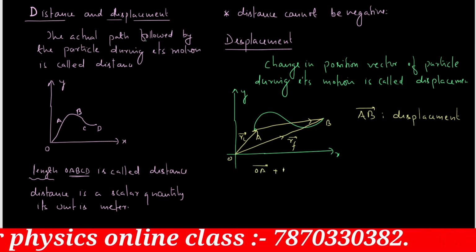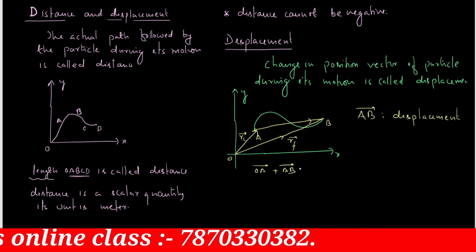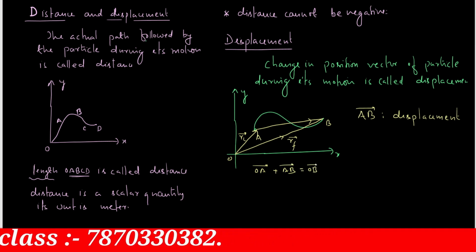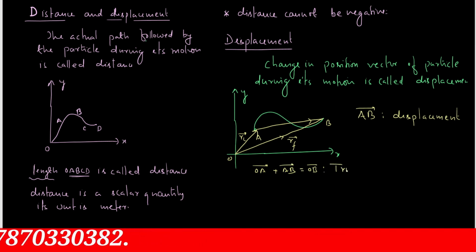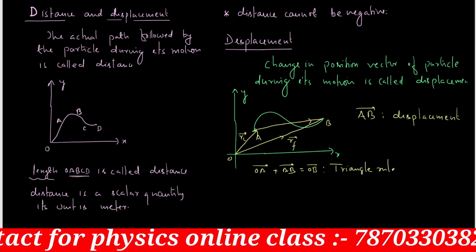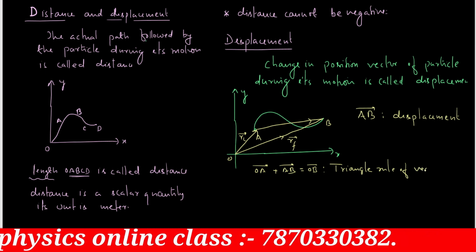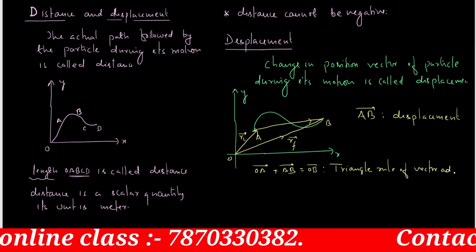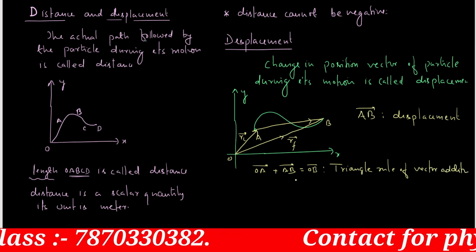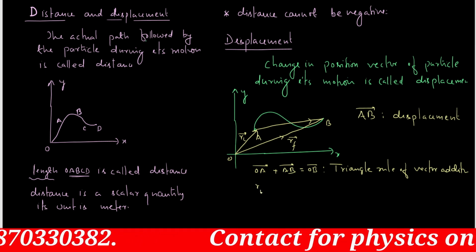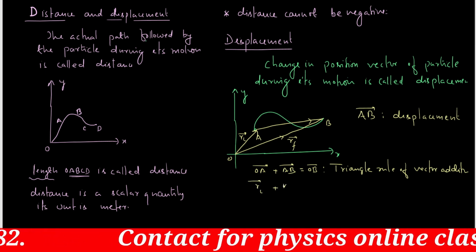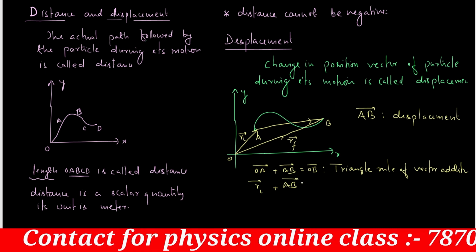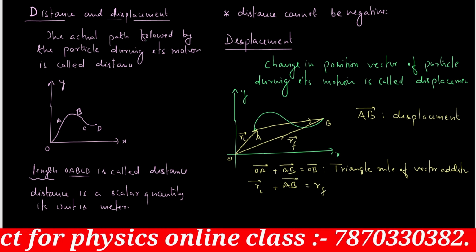You can write OA vector plus AB vector will be equal to OB vector. This is called the triangle rule of vector addition. This is R initial plus AB, and this is R final.